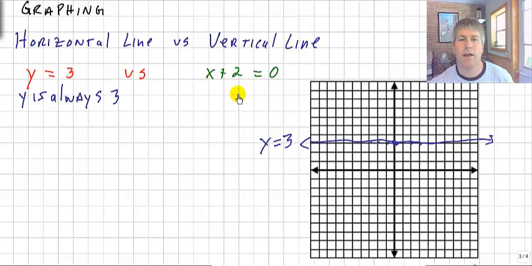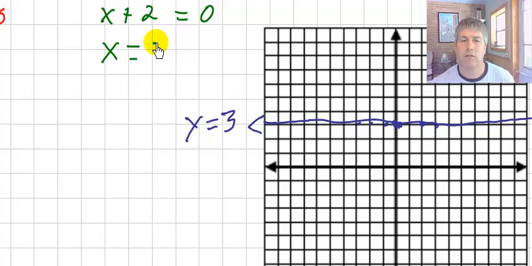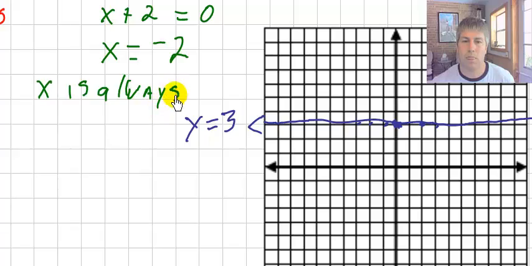Now let's go ahead and graph x plus 2 equals 0. Well, this is going to be a vertical line. By process of elimination, I can subtract 2 from both sides, so I get x equals negative 2. X is always negative 2.